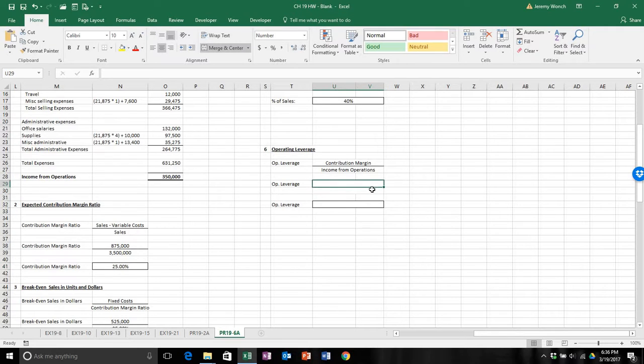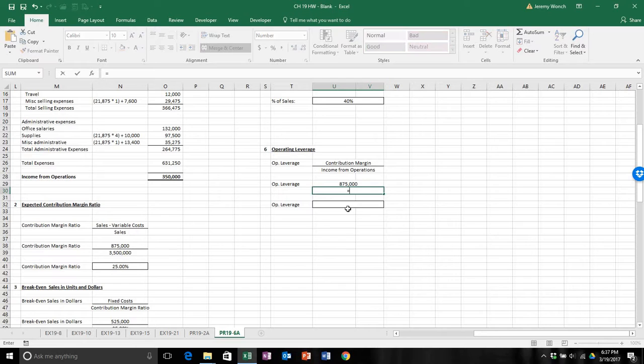So the formula for that is just our contribution margin, which we've already calculated right over here, 875.